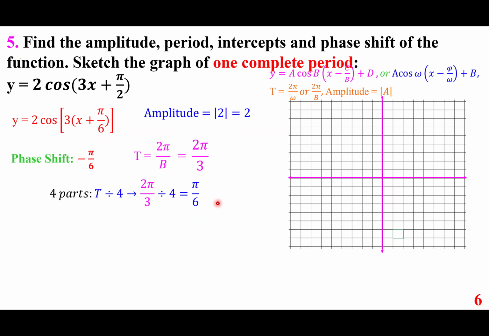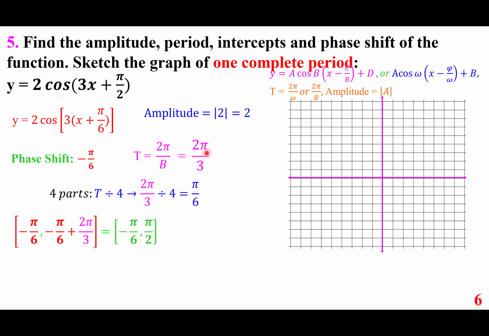So we are going to start from here because there's a phase shift, starts from minus pi over 6. And then we start adding pi over 6. So minus pi over 6, you add pi over 6, you get 0. And you keep on going. So this is going to go from minus pi over 6 to 2 pi over 3 plus negative pi over 6.